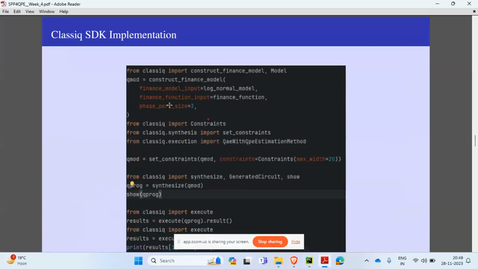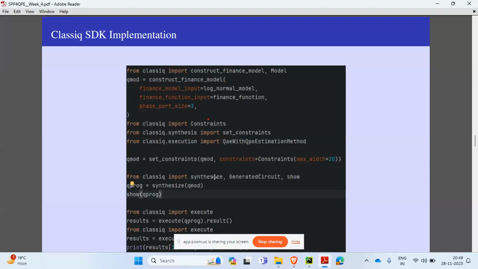So once we load the distribution, and once we say that the function used is the European call option, then we just have to construct the finance model. This is already an inbuilt class of Classic. We just state that the distribution is the log normal model with the parameters already defined, and the phase port size is the size of the estimation register, and the finance function is basically the European call option.